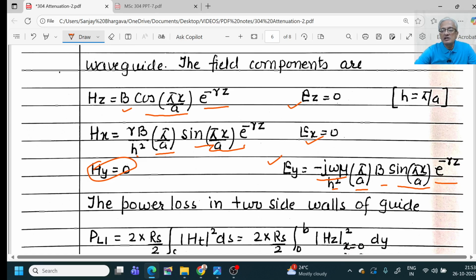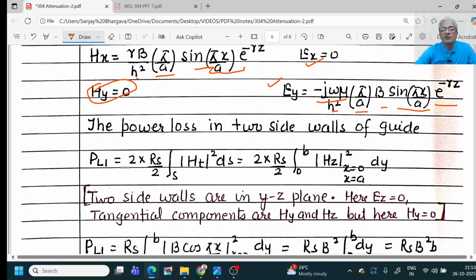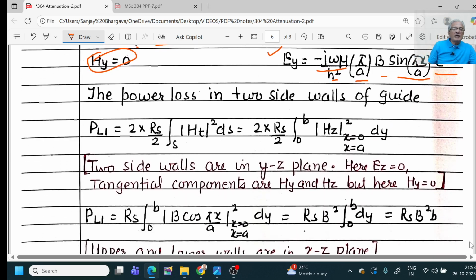The power loss in the two side walls of the guide. So PL1 would be equal to 2 into Rs by 2 h tangential का square ds. So that would be equal to 2 into Rs by 2 hz का square at x is equal to 0 and x is equal to a dy. The two side walls are in the yz plane. Here Ez is supposed to be 0.